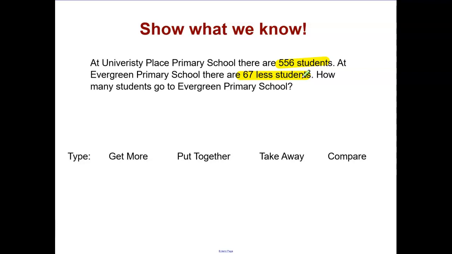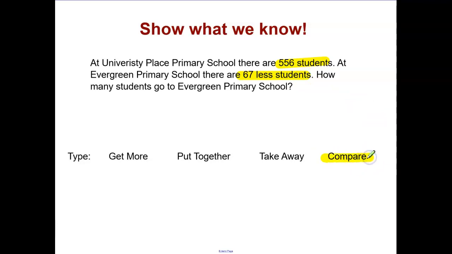So I know right away that that's the difference. There's not an action. It just told us the number of students at UPP, and the problem told us that Evergreen has 67 less. So I'm just using the difference to compare to the number of students at UPP to find how many students there are at Evergreen. Who else knew right away that it was compare?